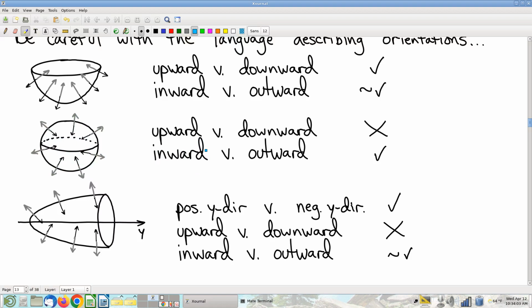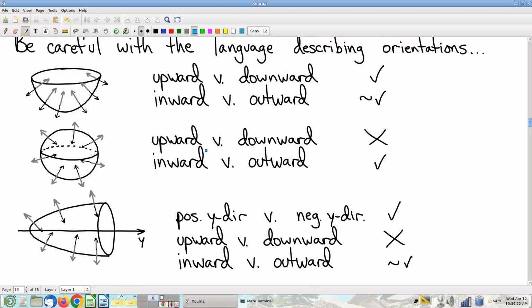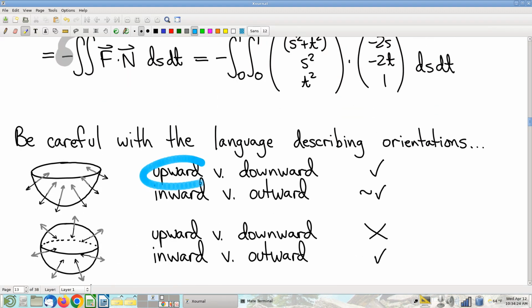But just make sure that when you're choosing language to describe your orientation, you think very carefully about what words you're choosing, and does your verbiage unambiguously distinguish what you need it to? And likewise, when you interpret, if you see in a statement of a question that they say upward, and you assume that means your unit normal vector is 0, 0, 1, well, that's just wrong.